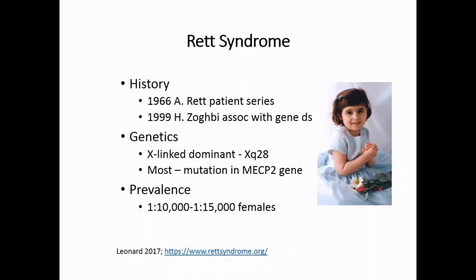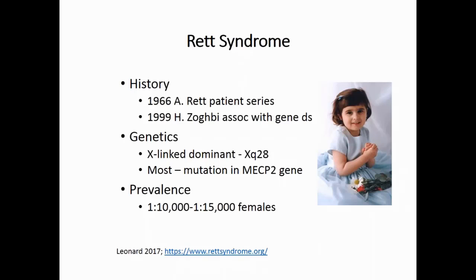This is also an X-linked condition, but it's dominant, and it involves mutations in this methyl CpG binding protein 2 gene. This gene almost always occurs on the maternal X chromosome. It occurs almost exclusively in girls, but if it occurs in males, it's much more severe and progressive with death by 3 years of age.